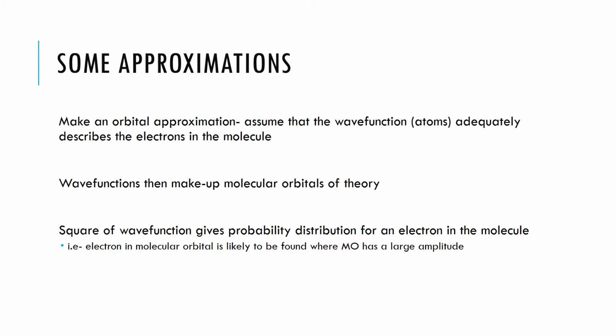So we assume that all of the mathematical theory that we apply to the atom also applies to the molecule when made up of several of those atoms. And those wave functions that we use to describe the atomic orbitals on the atom are then used to make these molecular orbitals of a molecule. And the square of that wave function gives the probability distribution of an electron in a molecule.